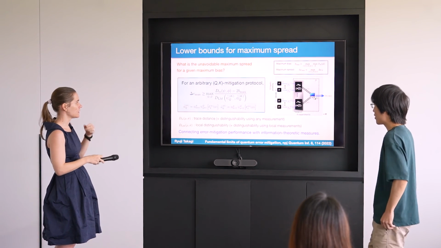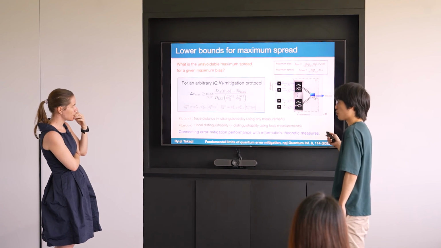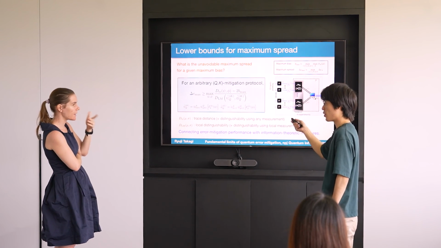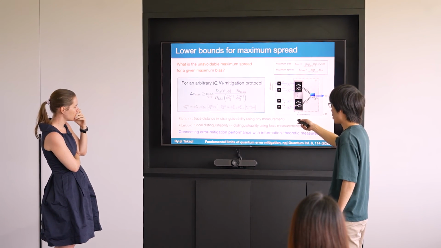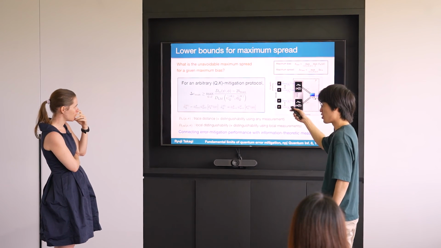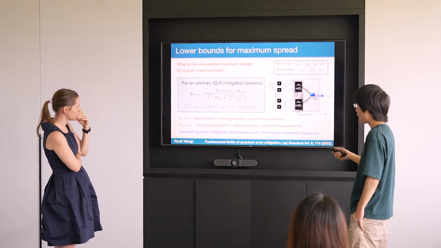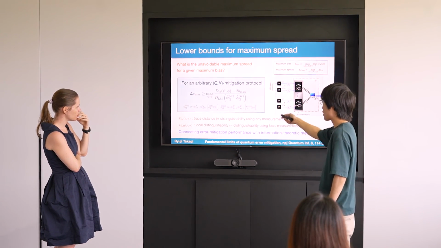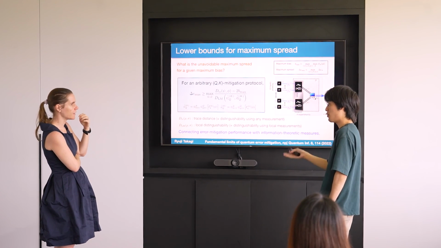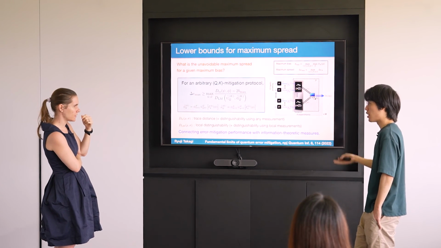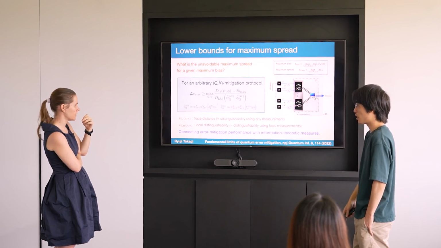So if you want to get, okay, we also have a bound that is dependent on the observable A. And one technical side is that to get the trace distance we also need to take a maximization over observables. So if you want to achieve this bound, then you might want to consider such an observable. But if you are just given a specific observable, then you also get a similar bound for that observable. Okay.